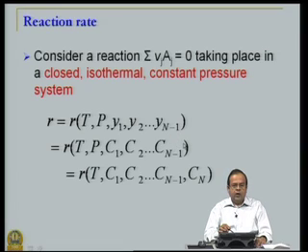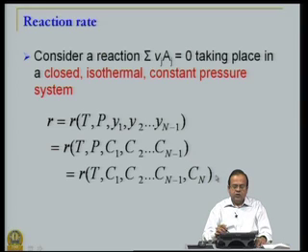Or if we do not like even that, then we could simply choose rate as a function of temperature and concentrations of all the components. So, pressure does not explicitly appear now, because that is now inbuilt in the form of expressing concentrations for all n species.